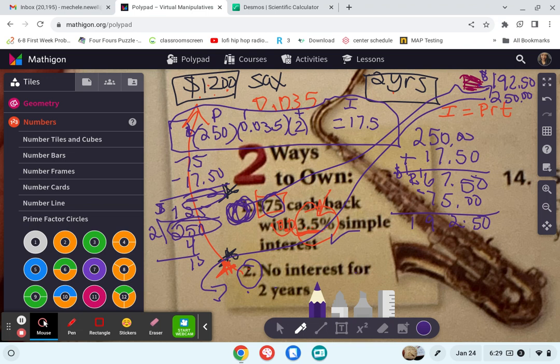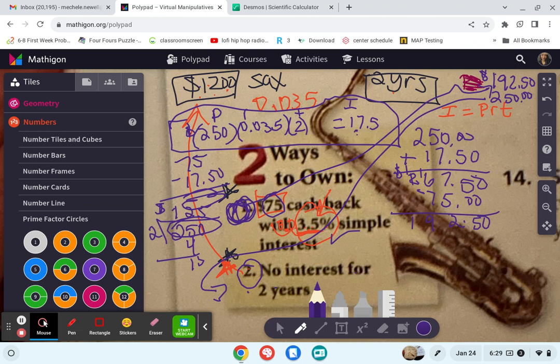You are going to do the same thing. You should show your work too. You are going to plug in as your principal $1,200, as your rate 0.035, and as your time 2 years. You're going to multiply them as I did, and you are going to get a product. Once you get that product, you're going to add it to your original cost, which was $1,200.